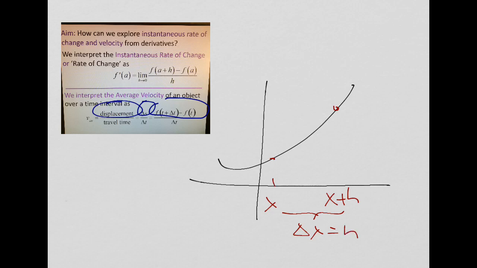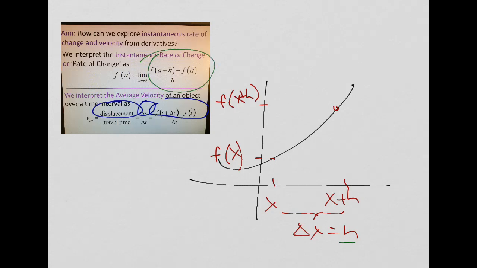So to find the average rate of change is the change of the y values over the change of the x values, which becomes really just the h here. And so it's just that difference quotient that we see here, okay?